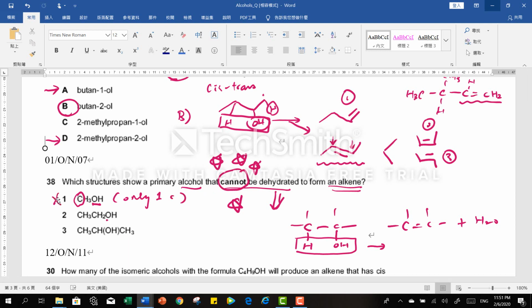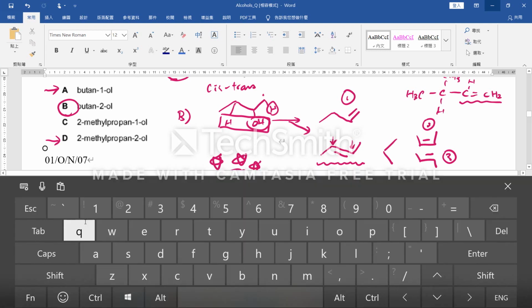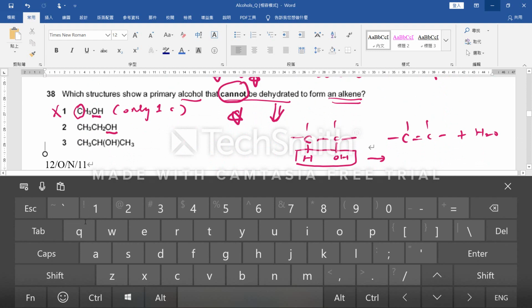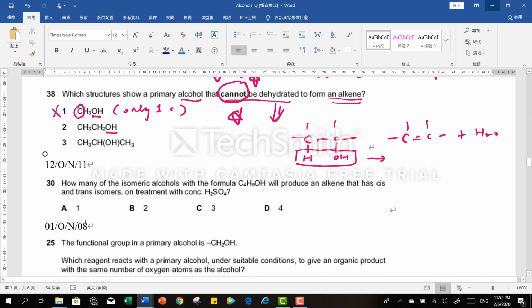This one, obviously, you can get 1 OH from here and 1 H from here. Sorry, it should be.